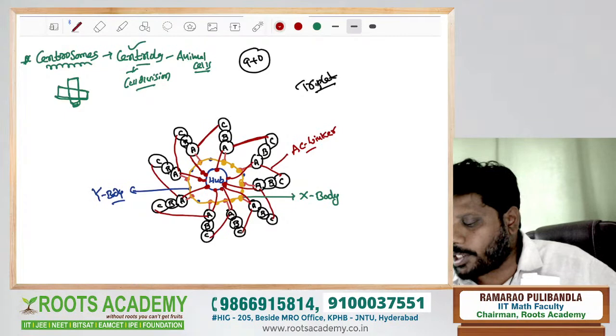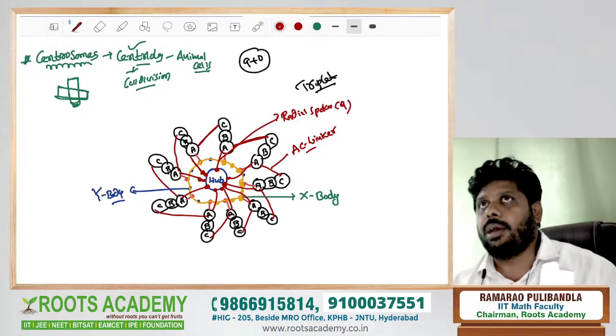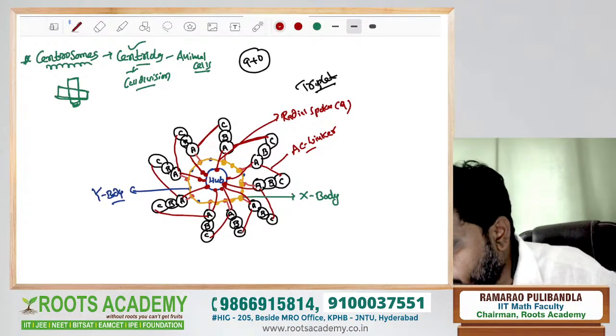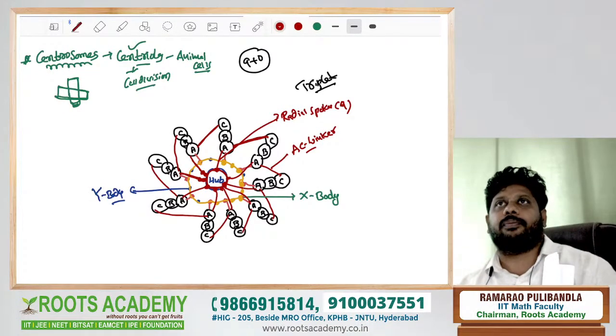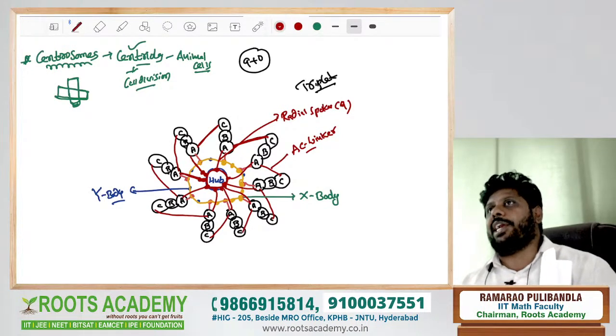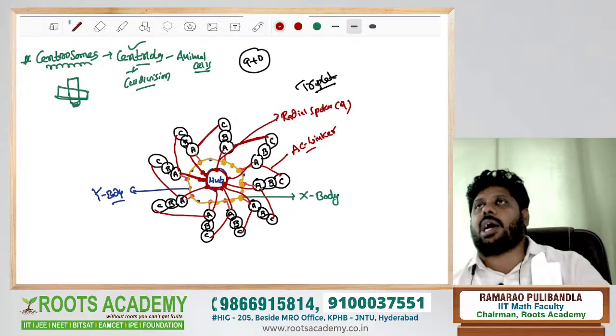Those are called radial spokes. How many are present? 9. See here. These radial spokes are finally attached with the center hub. Total 9 radial spokes, and those 9 radial spokes are finally attached with the center hub.